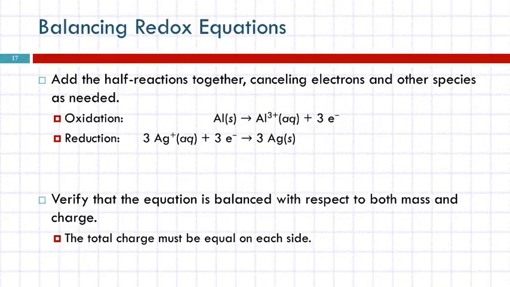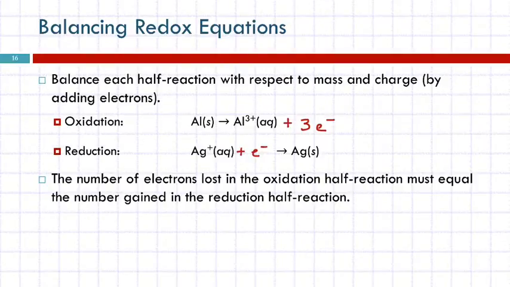So what we do is we multiply so that we get the same number of electrons on both sides. Let me go back to this slide. So here I've got 3 electrons on this side, 1 electron on that side. I want to multiply one of these, or sometimes both of them, so that I can get those to be equal. I want 3 on both sides.